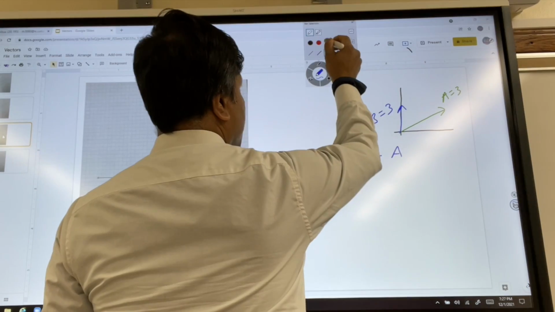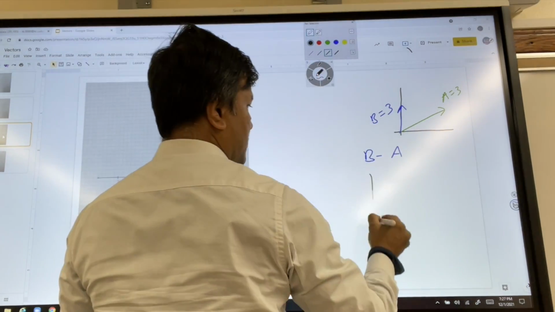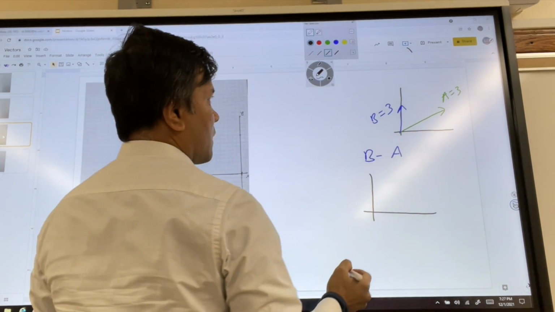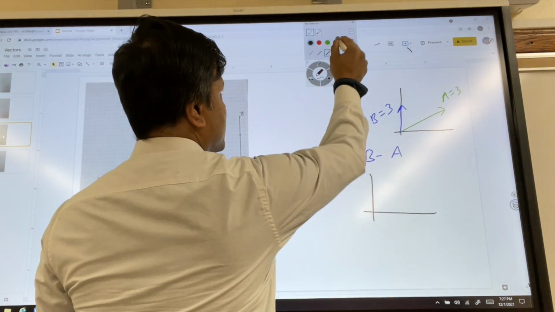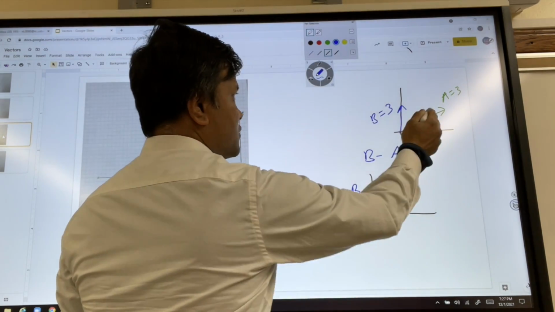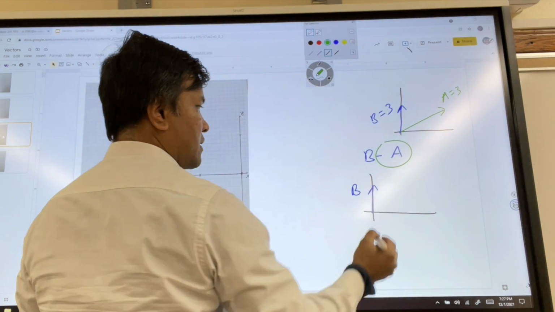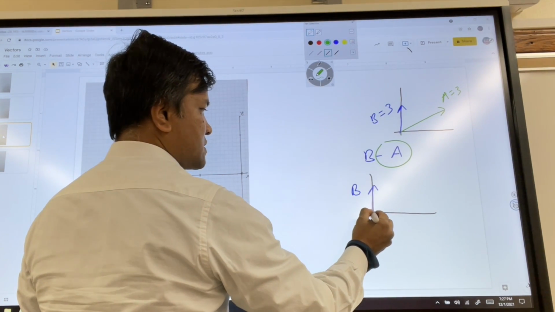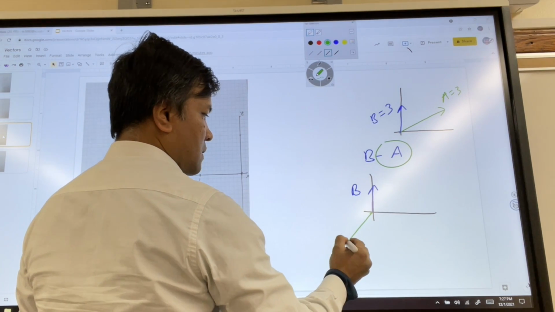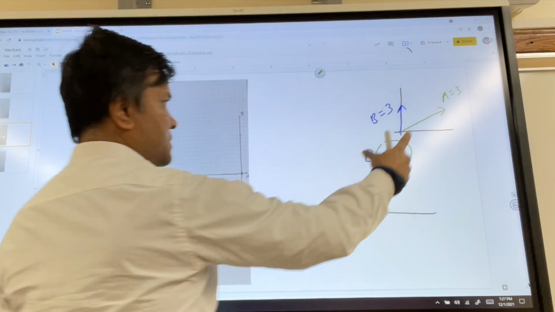Okay, good. Let's take a look at what that means. B you don't change, so B remains the same. A we change. A changes direction because this is -a. We change the direction, but the size has to be the same.